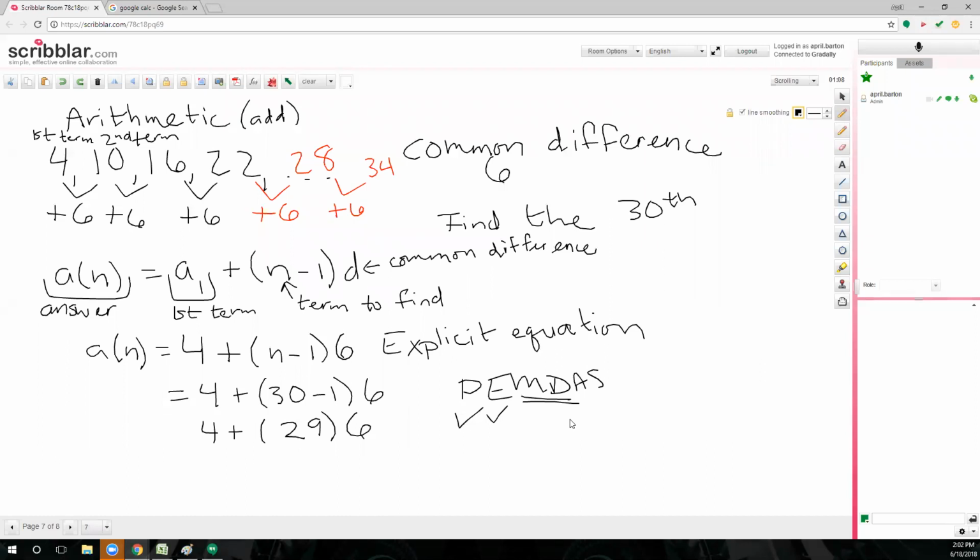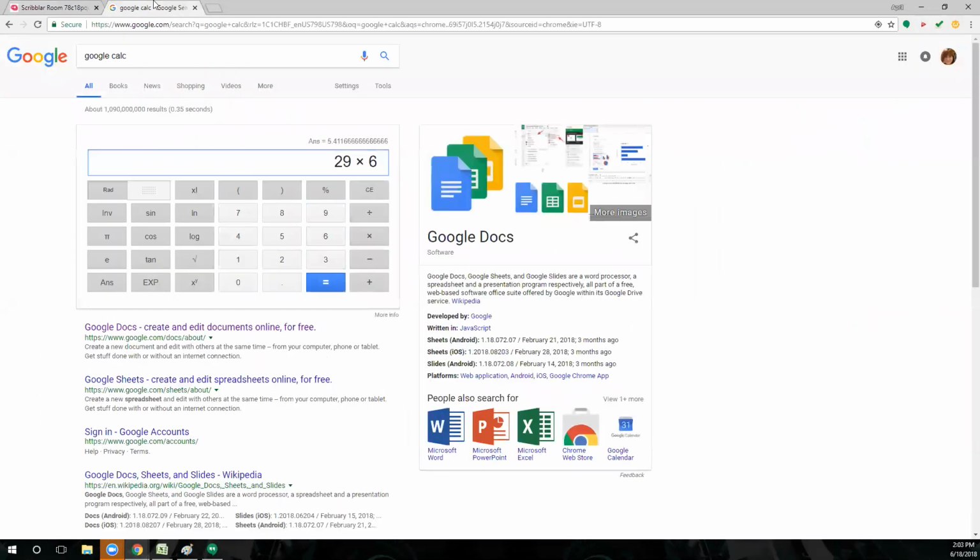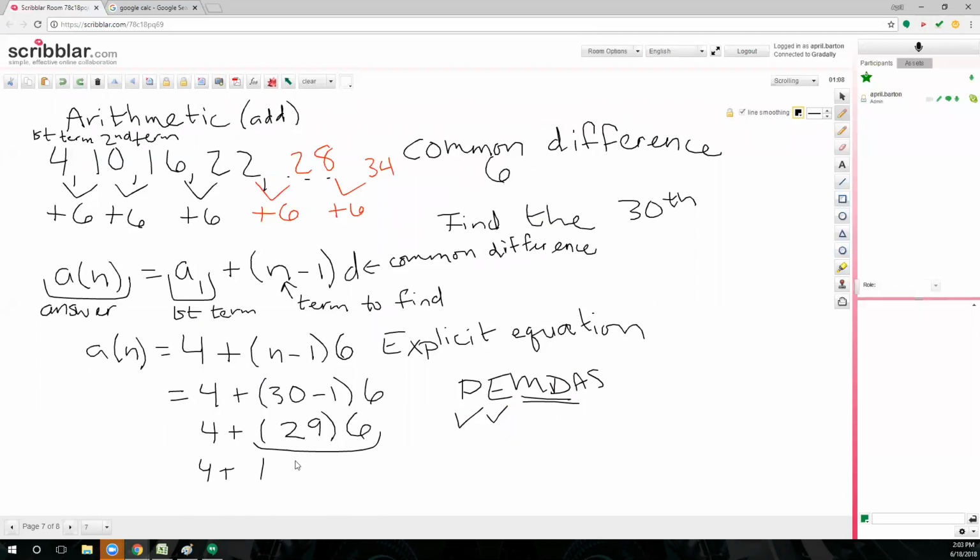The MD actually goes together. If you have a whole bunch of multiplication and division, do it all at once, from left to right. In this case, we only have some multiplication. 29 times 6 is 174.